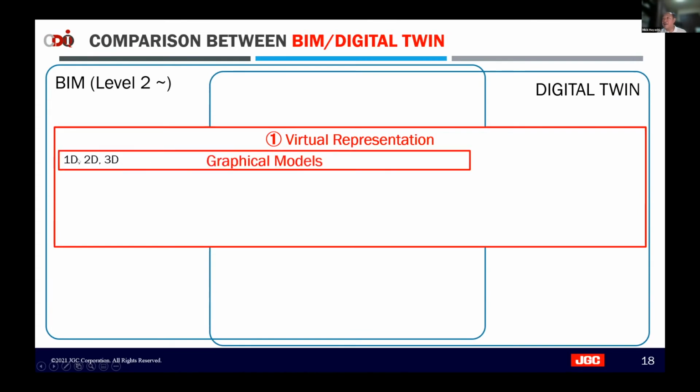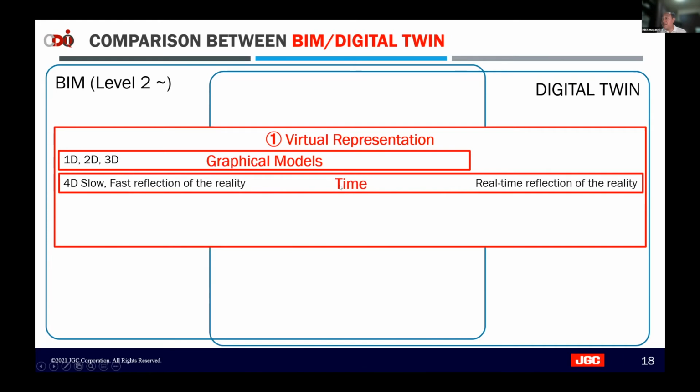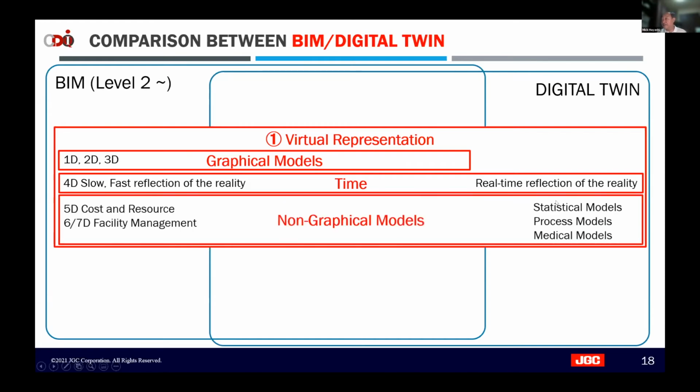Graphical models is basically for BIM, but the digital twin can have graphical models too. And then time dimension. BIM deals with 4D, slow and fast reflection of the reality. And digital twin is usually almost real-time reflection of the reality.